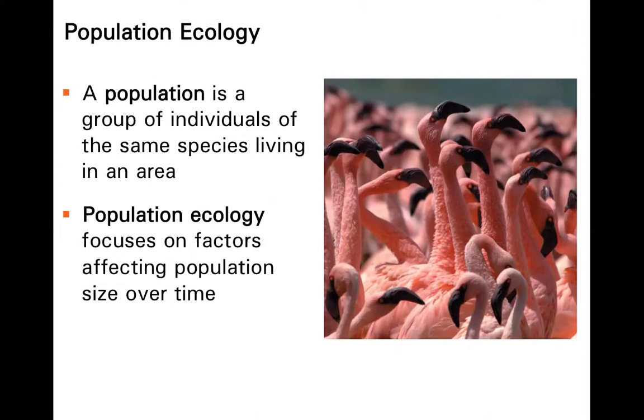In population ecology, which is the main focus of this chapter, we look at how individuals within a species relate to each other, and how the size of the population, the number of individuals in a population, may rise or fall, and the factors living and non-living that may determine that.